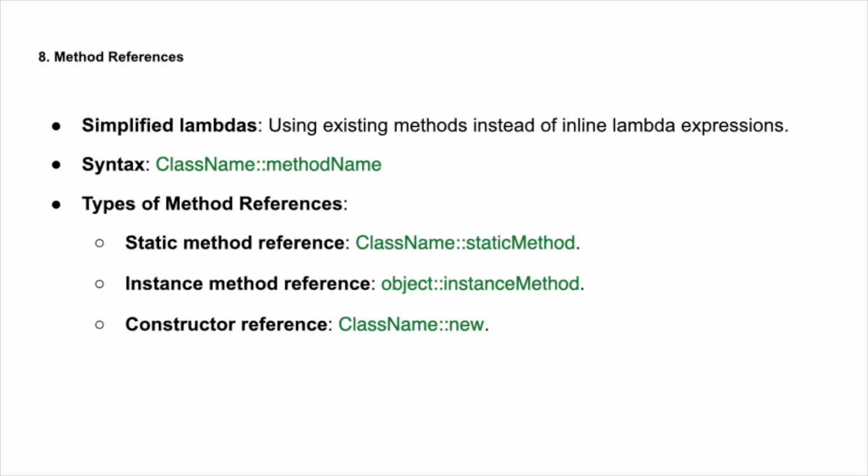So whenever you see an opportunity to simplify your lambdas, method references are a great tool to keep your code clean. So these are the syntax and the types of method references: static method reference, instance method reference, and constructor reference. So let's move to the next slide.